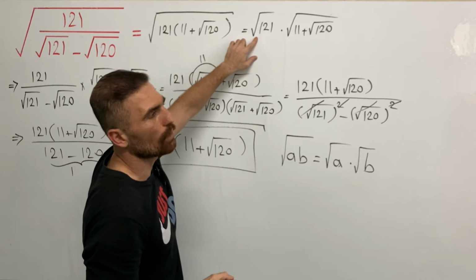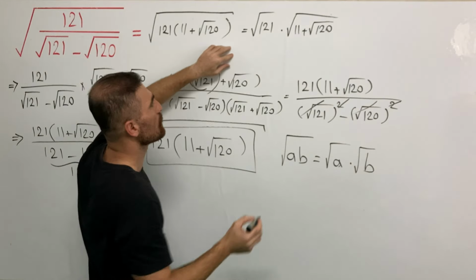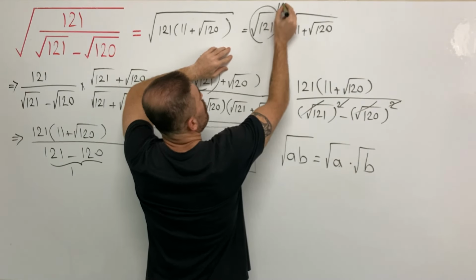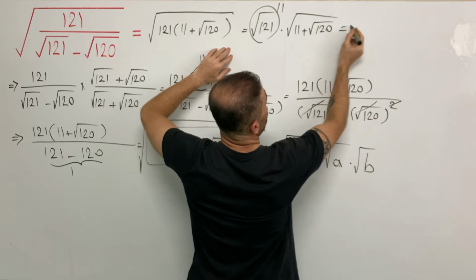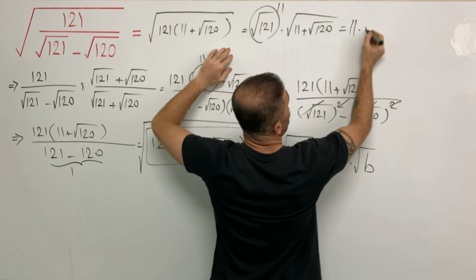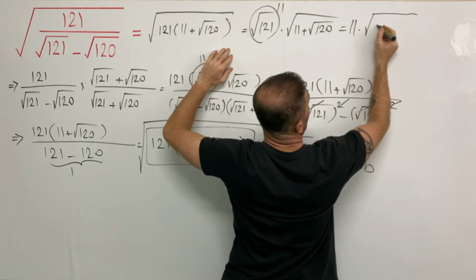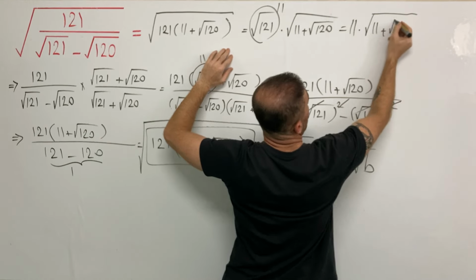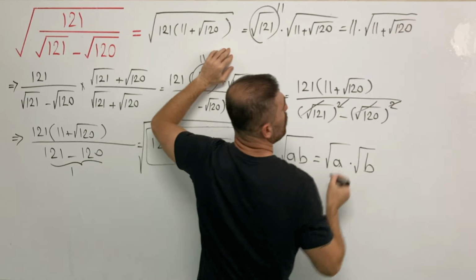What is square root of 121? As you know, this is 11, right? So it is going to be 11 times square root of 11 plus square root of 120. It is enough.